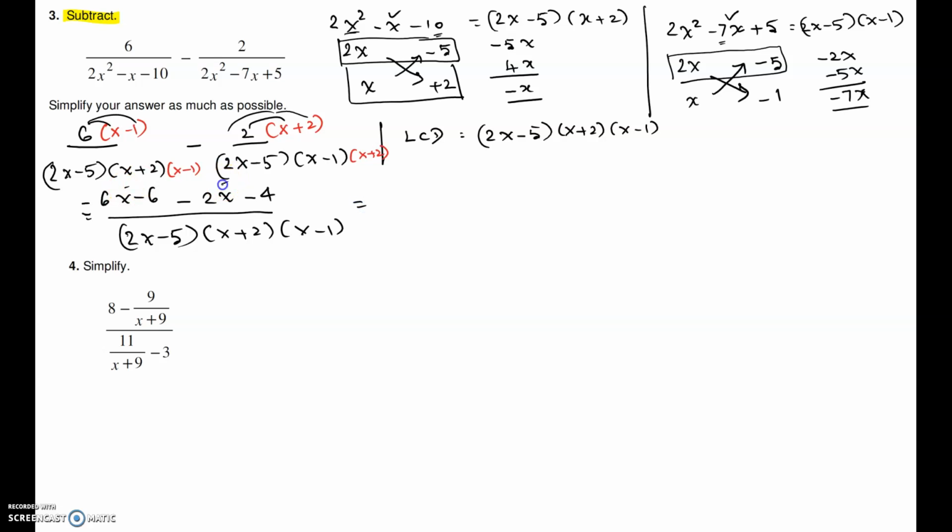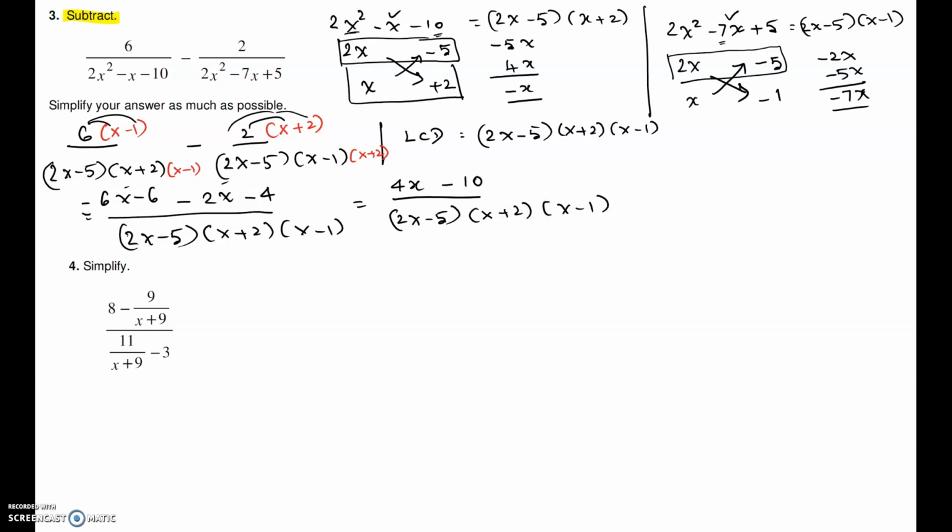If you simplify this, that will be 4x minus 10: 6x minus 2x is 4x, negative 6 minus 4 is negative 10. Divided by 2x minus 5 times x plus 2 times x minus 1.